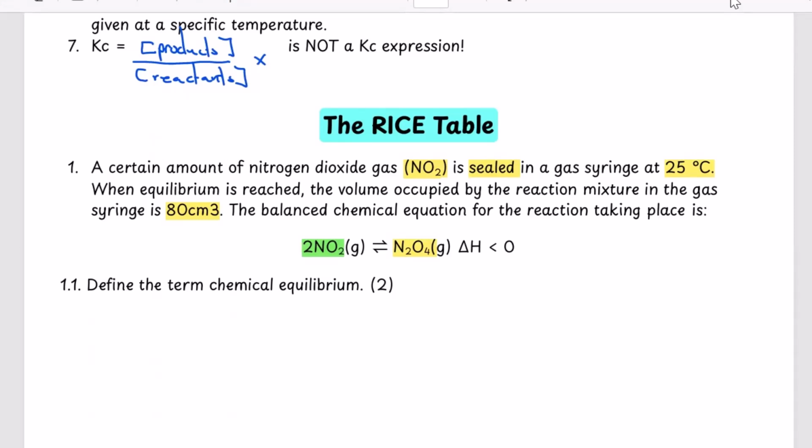So question number 1.1 reads, define the term chemical equilibrium.